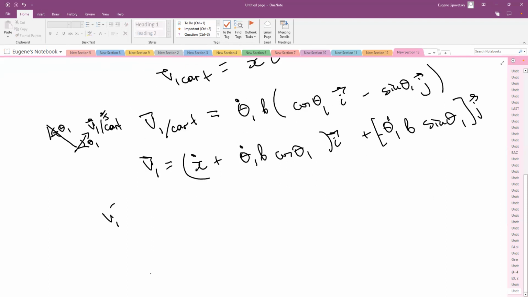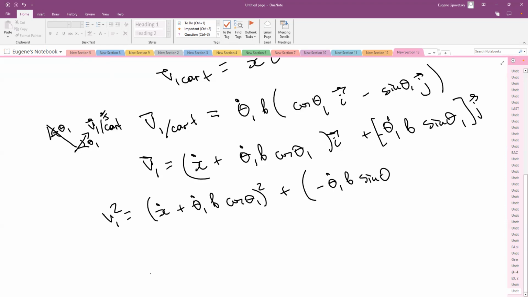Now we need only the square of this, so V1 squared equals x dot plus theta 1 dot b cos theta 1, squared, plus minus theta 1 dot b sine theta 1, squared.